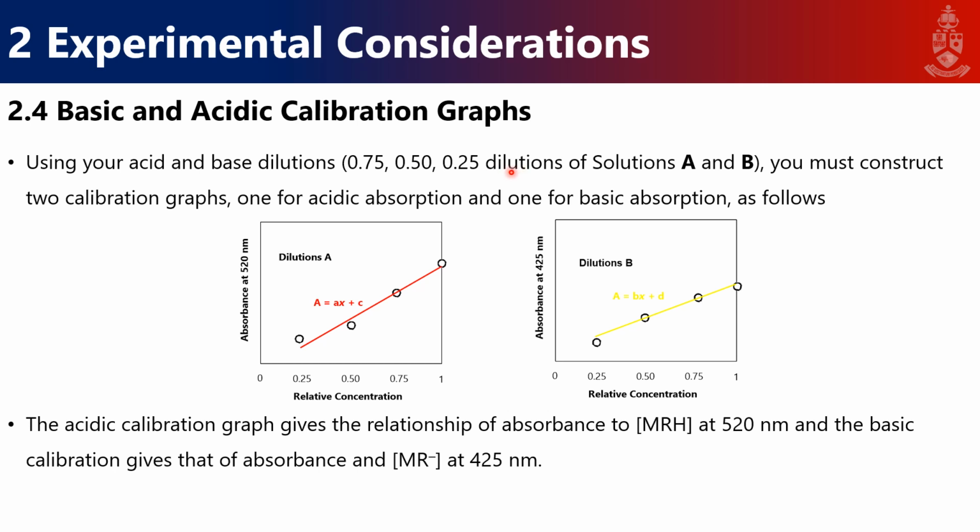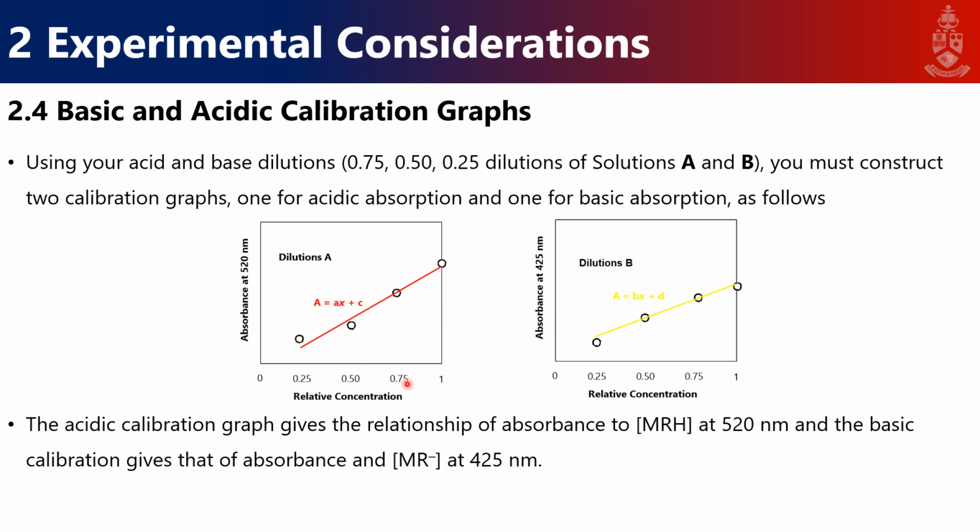And then from that, you will measure their absorbance. So for the acidic solutions, you measure the absorbance at 520 nanometers, and for the basic solutions, you measure the absorbance at 425 nanometers.